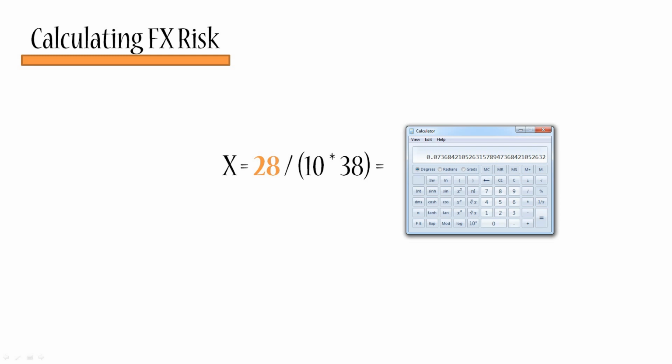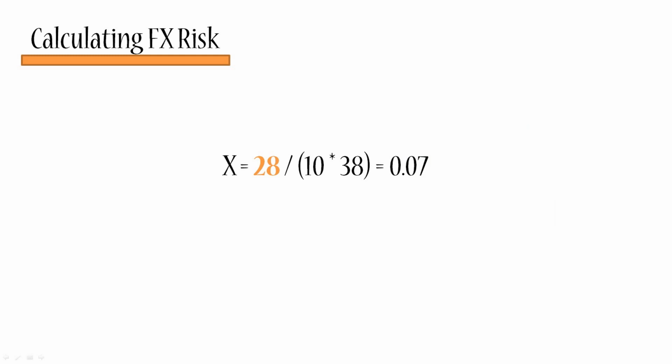That gives about 0.07. So let's put that in, 0.07 lots. All right. Perfect. So now we know what our volume is. We can go on ahead with our trade.